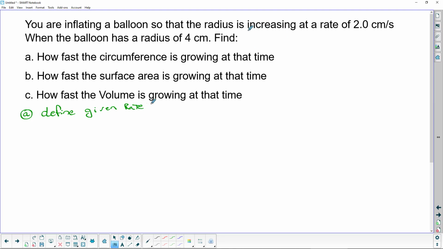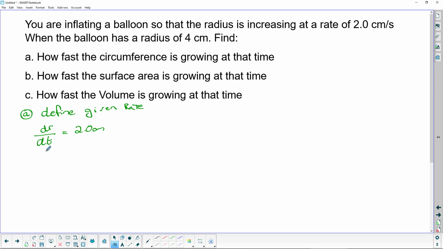Okay, the radius is increasing at 2 centimeters a second. So dr/dt. Okay, that little r is going to be our radius, is 2 centimeters a second. So this is called a differential.